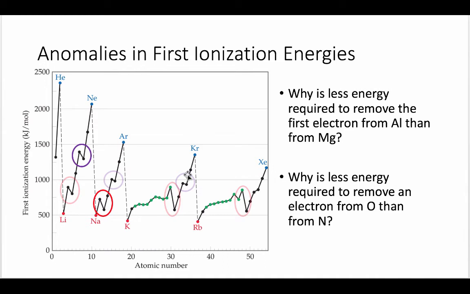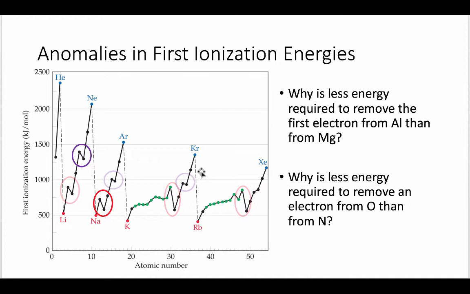Something similar happens when you get the half-filled sublevel in the transition metals, which is why we talk about chromium being an exception to the rule for writing the electron configuration, because having that D5 configuration is particularly stable. And the same thing when we talk about copper having a D10 configuration, which is an exception to the normal rules for electron configurations.